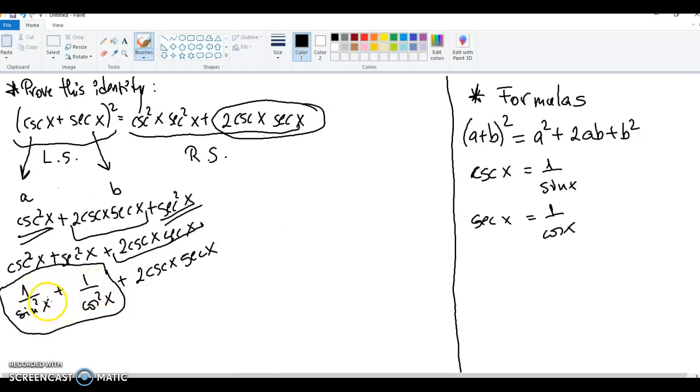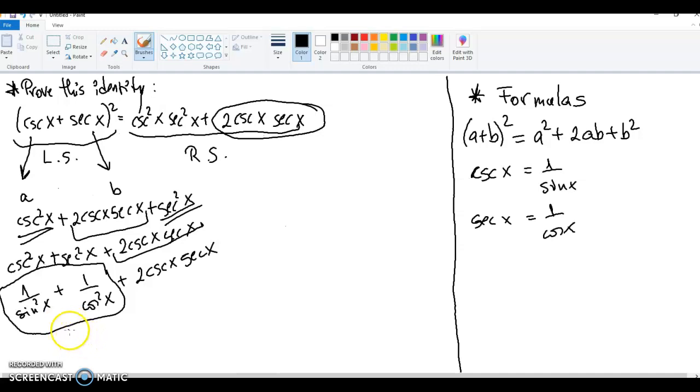Now, of course, you see that these two terms are in terms of sine squared and cosine squared, which is not good because eventually I need to get the right side, which is in terms of cosecant squared and secant squared. But I'm going to rearrange them at the end. So right now, the best thing I can do is bring these two terms to a common denominator.